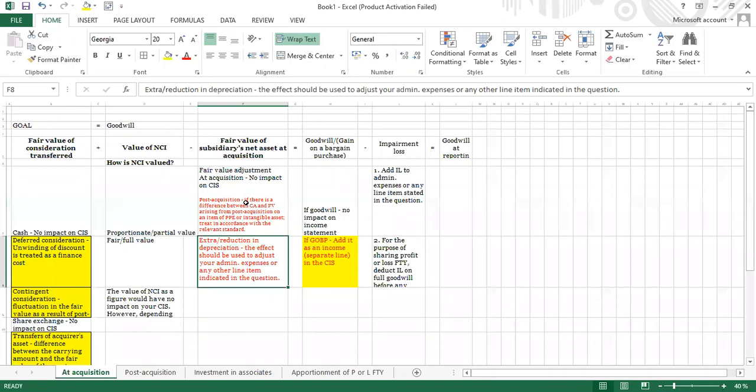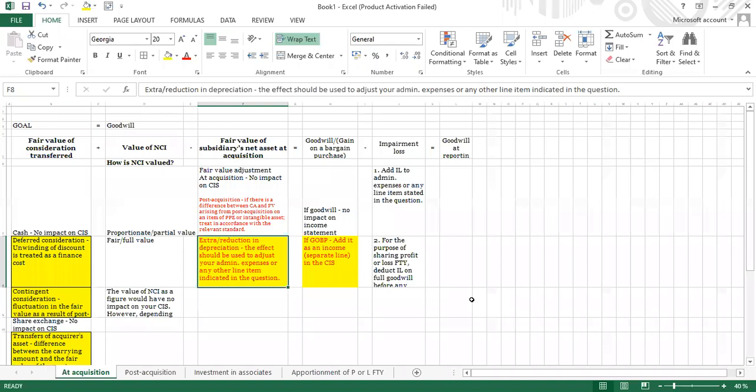After acquisition, probably within the year before the end of the year, if there is a revaluation and the fair value is higher than the carrying amount, that means there's an extra depreciation basically. So how would that be treated?